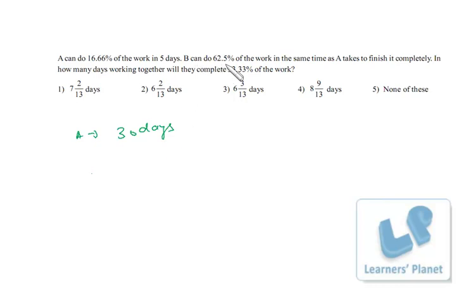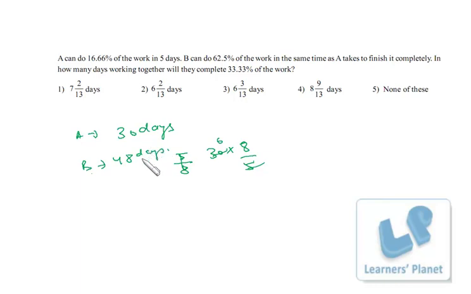B can do 62.5% of the work in the same time as A takes to finish it completely, right? 62.5% is, see, 12.5 is 1/8, and it is 5 times, so it is 5/8, right? So B is able to do 5/8 work in 30 days. So 5/8 work in 30 days, so complete work in 8/5 times 30.